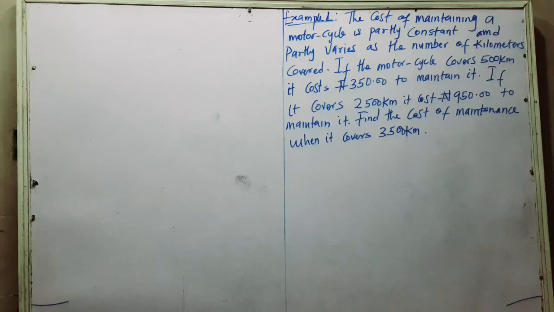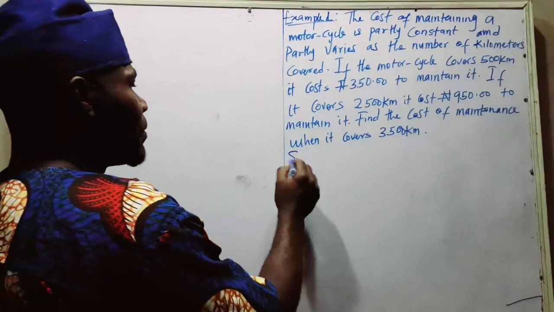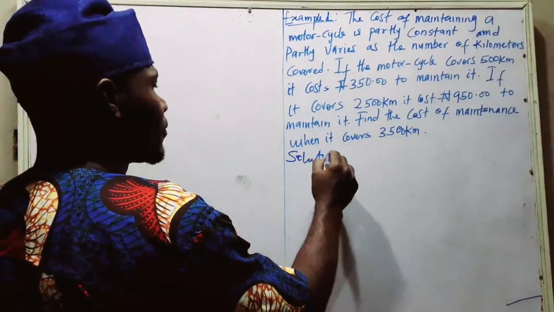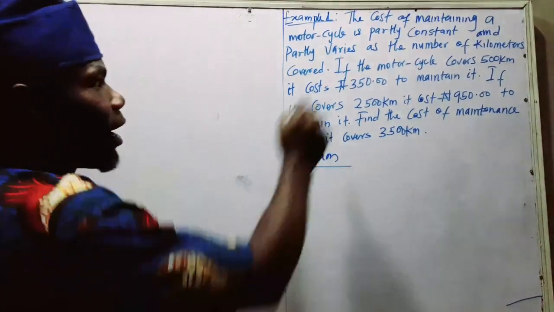If it covers 2,500 kilometers, it costs 950 to maintain. Find the cost of maintenance when it covers 3,500 kilometers. First, we represent some terms.